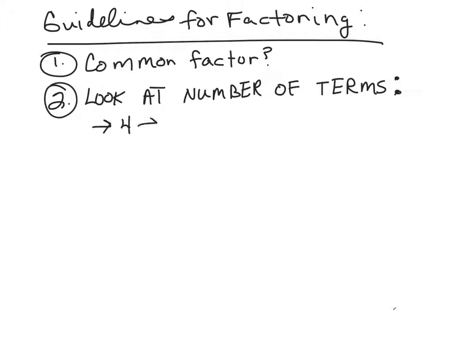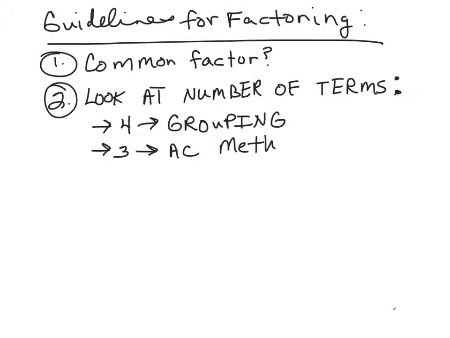If there are 4 terms, we will do grouping. If there are 3 terms, we will use the AC method, which turns it back into a polynomial with 4 terms.